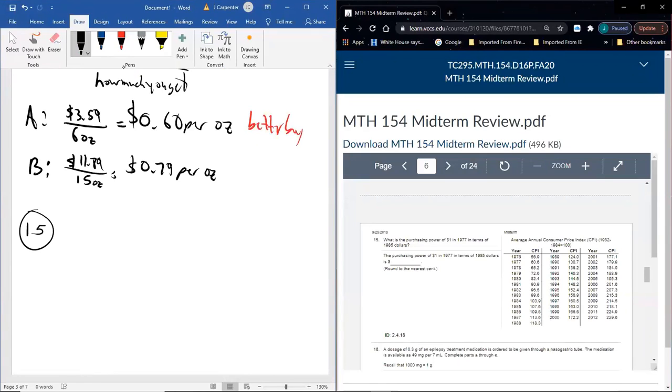You could make up your own proportion table if you wanted, but you are not using these years for any numbers. Years are labels unless we're talking about changes like we were doing today in class. So we're talking about comparing a cost to a CPI. So $1 back in 1977, how much would that be worth in terms of $1985?